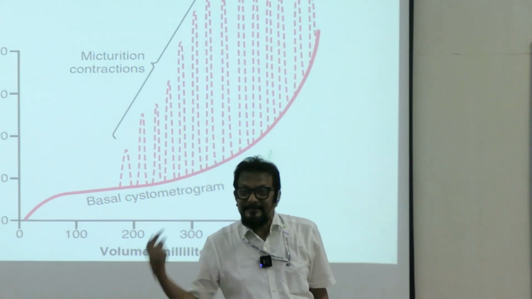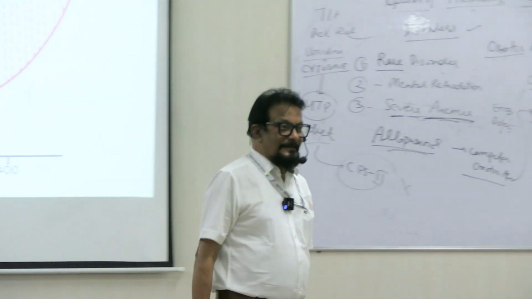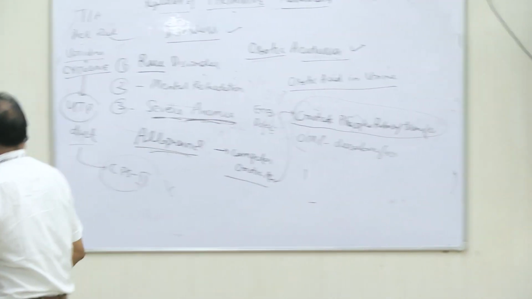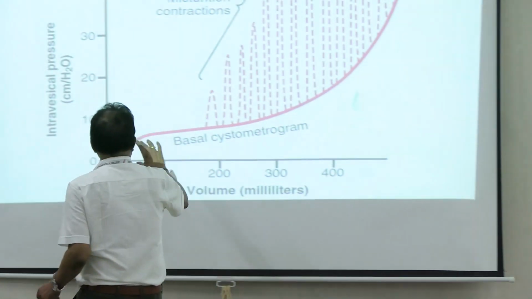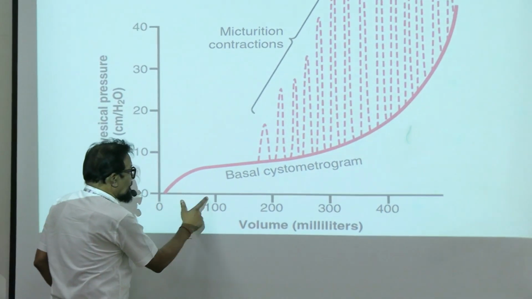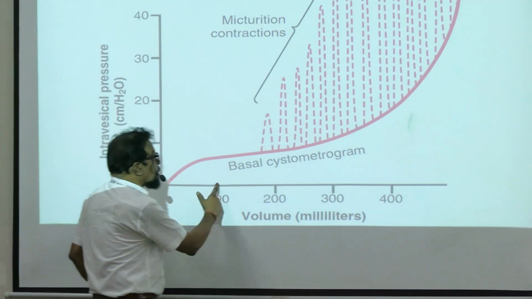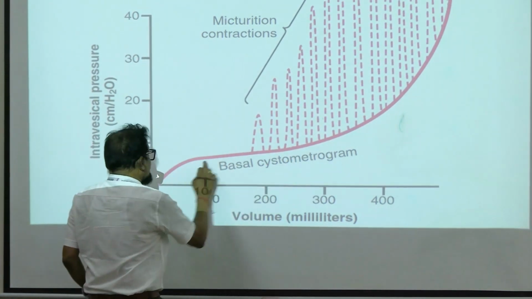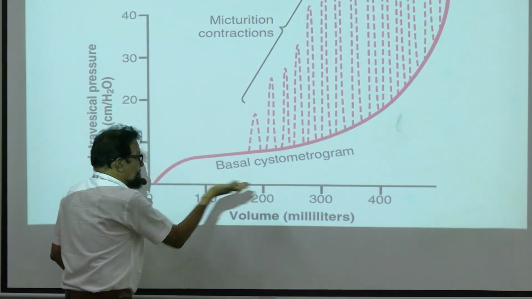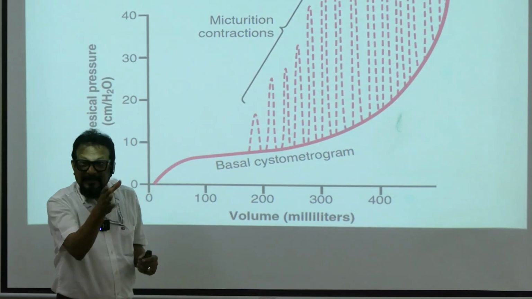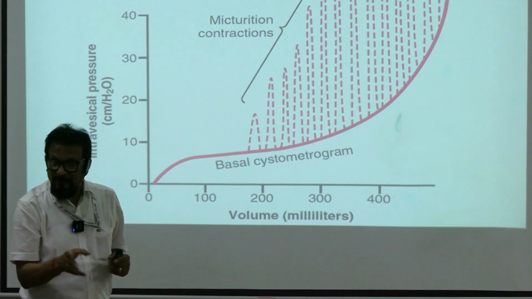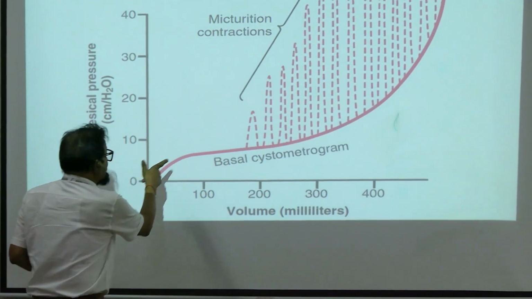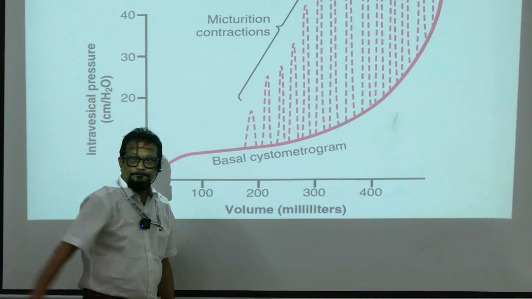And one interesting thing you will find. From 100 to 200 to 300 or 400 ml, though your bladder is filling with fluid or urine, the pressure is not rising that much.